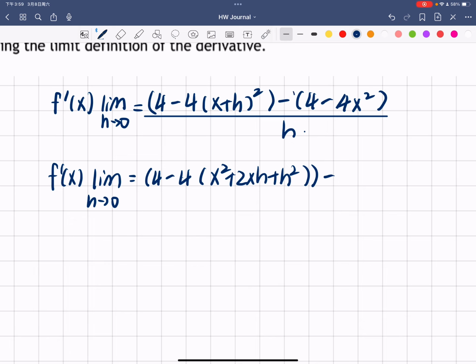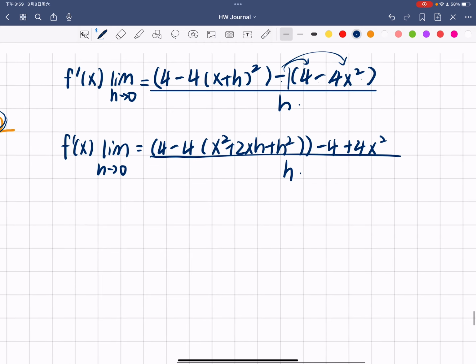So actually, we could see it as negative 1, which we're distributing. Negative 1 times 4 is negative 4. Negative 1 times negative 4x squared is positive 4x squared, over h. So until this point, we're still solving the whole function algebraically.